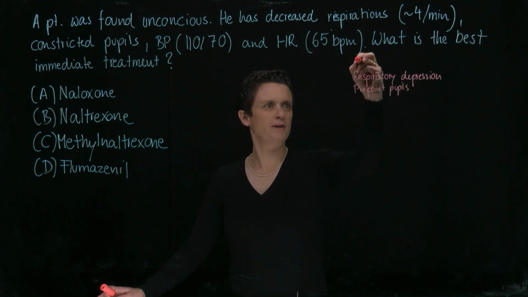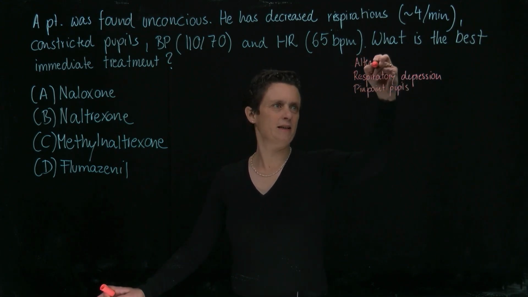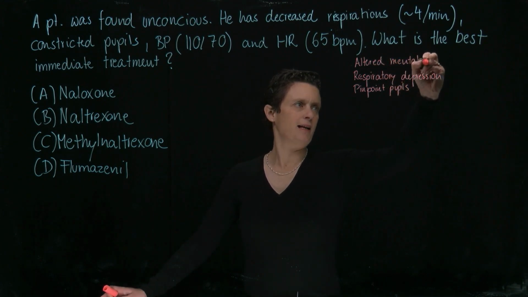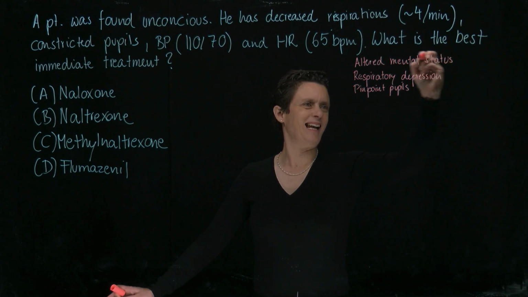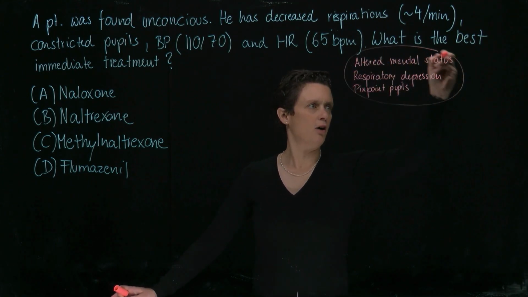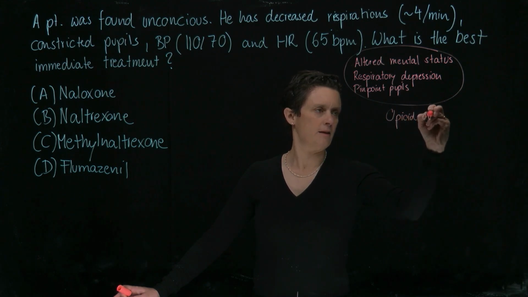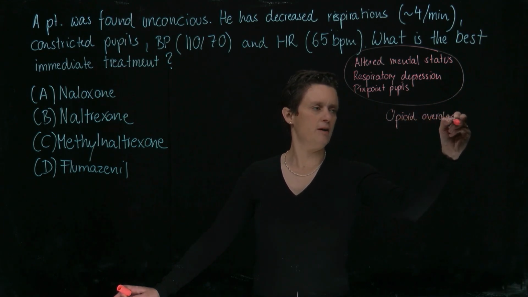Respiratory depression and altered mental status. This patient is unconscious. So this is a classic triad of an opioid overdose. So that fits very well.